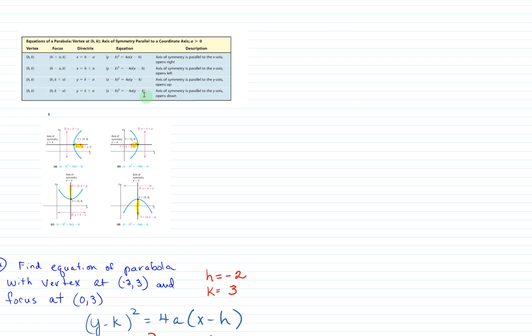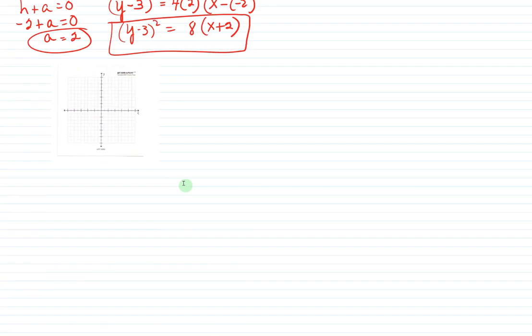On the top one, you are opening right, and here is your vertex, and the focus is at h plus a, whatever that number is, comma k. The directrix is x equals h minus a. You'll start doing all of that, and we'll see some in the problems. But if you follow these equations here, you should be okay.